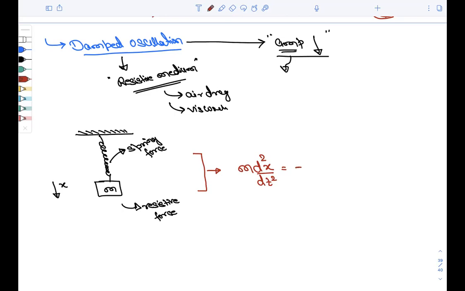The first force acting is minus kx. When it is displaced by x, it will have some velocity v, so there will be a resistive force which will try to oppose the velocity. Another force acting is equal to minus b dx by dt.